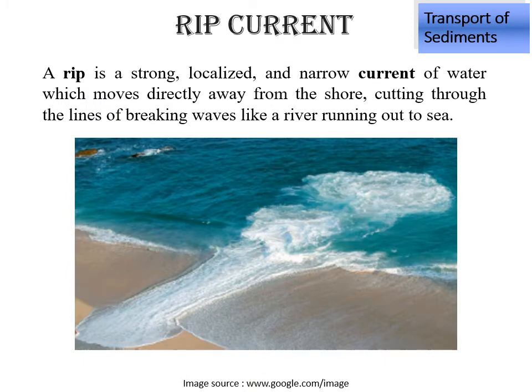The second type of sediment transport is known as rip current. These are strong localized currents. Mainly these are the backwashes when swash comes to the shore areas or coastal areas and then goes back. During this backwash, sometimes it is observed that the backwash marine water does not uniformly go back to the ocean.